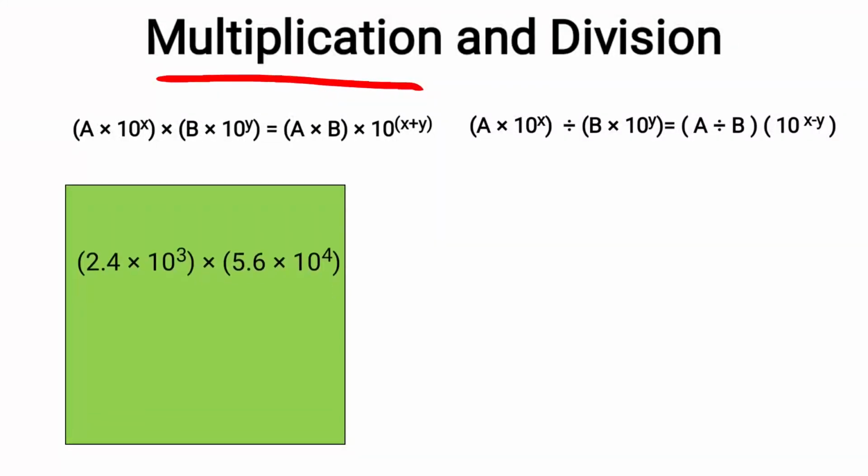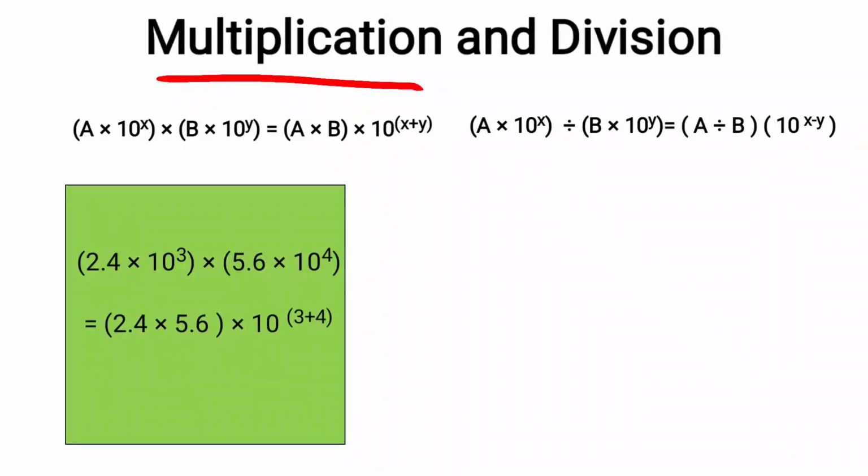That is 2.4 × 10^3 times 5.6 × 10^4. For multiplication, we first add the exponents and then multiply the coefficients, as shown.